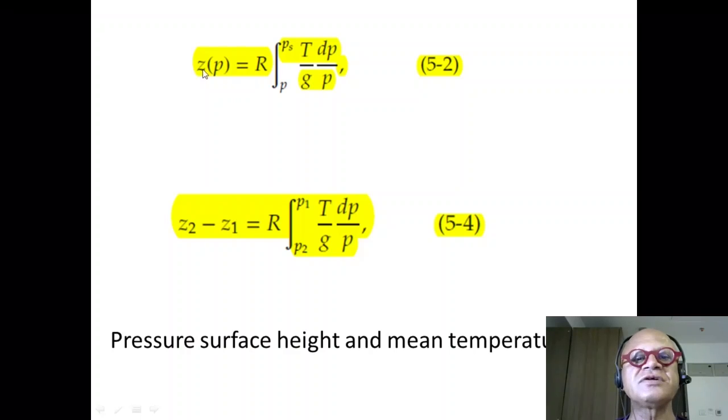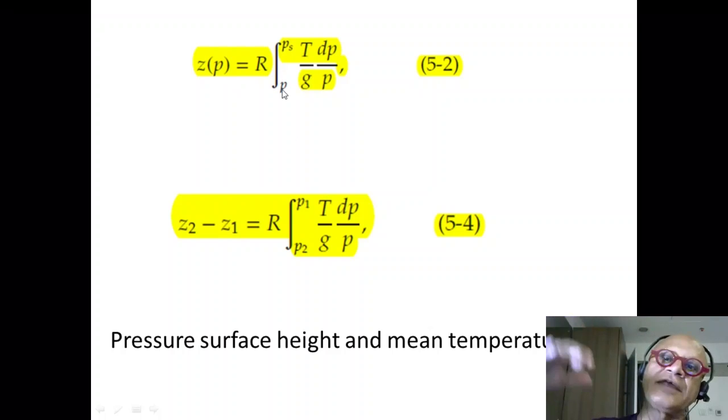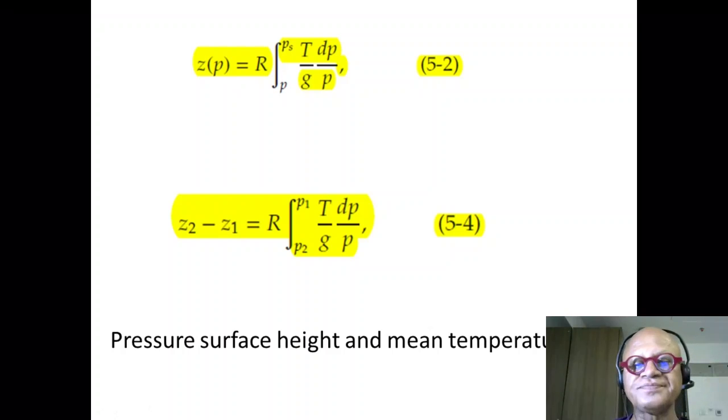So we had written Z as a function of pressure equal to R times the integral from P to PS of T over G, dP over P, right? So if you just discretize this and look for delta Z, a small Z2 minus Z1 between particular pressure surfaces P2 and P1, you're not going all the way from the surface to that height, but just looking for the thickness of a particular pressure layer.